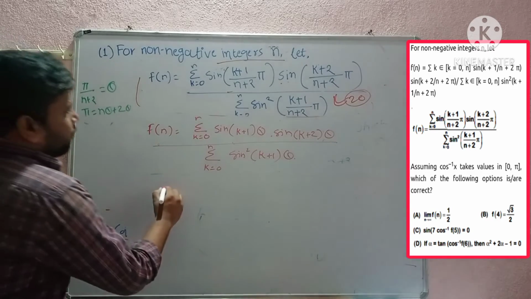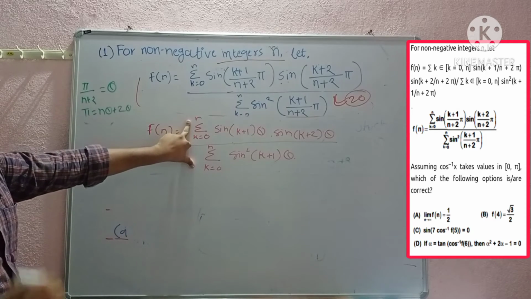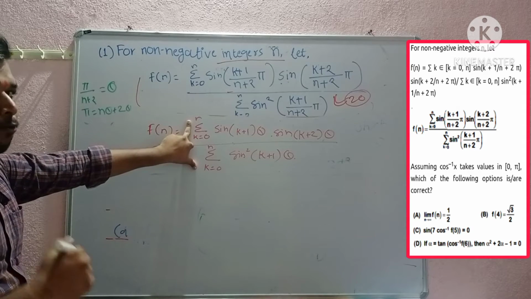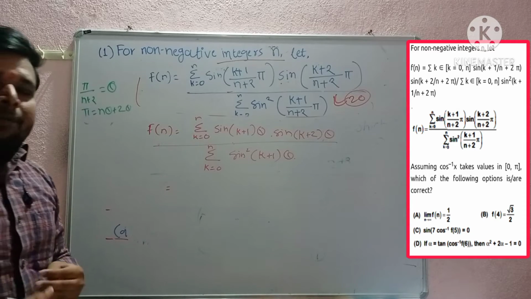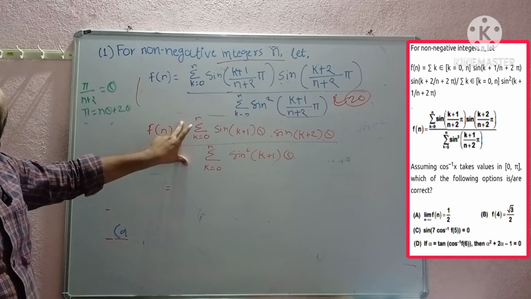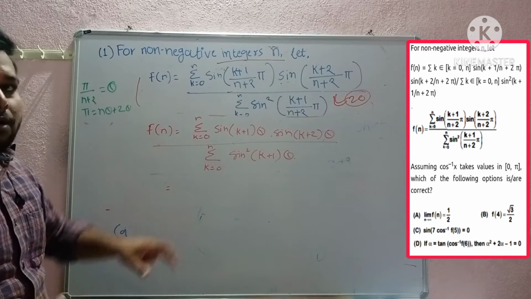Now let's further multiply and divide the numerator and denominator by 2 for further simplification. You will see what type of simplification is done. So before that you have to multiply and divide numerator and denominator by 2.